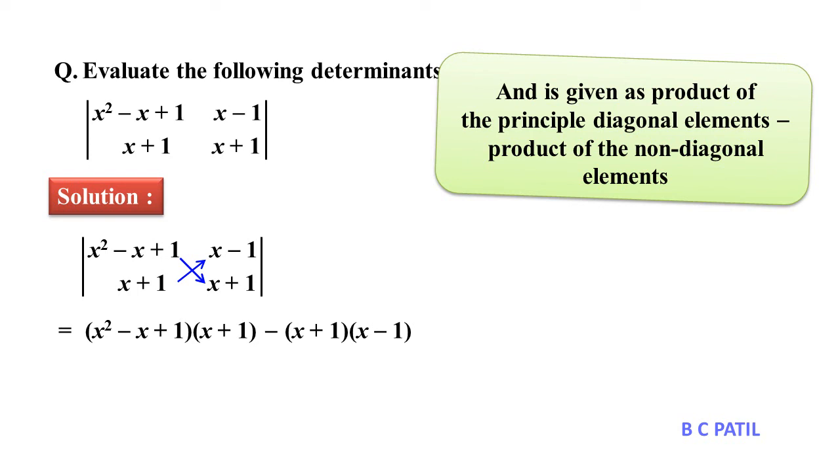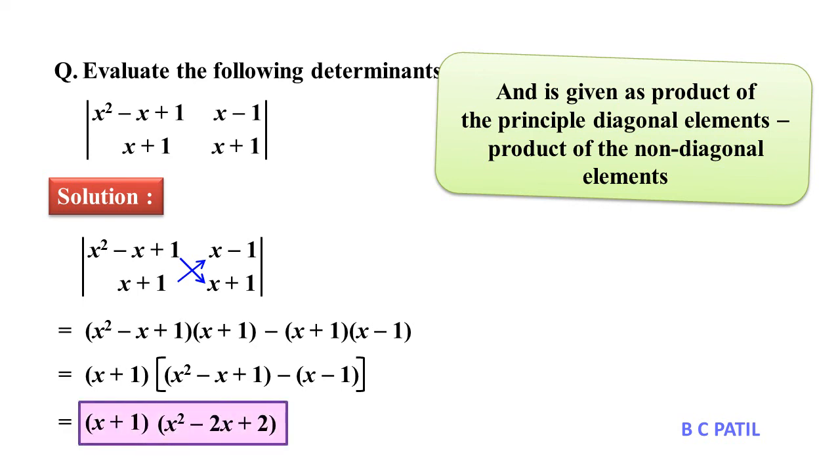Here x plus 1 is common, so remaining term x square minus x plus 1 minus x minus 1. After simplification, you will get x plus 1 into x square minus 2x plus 2.